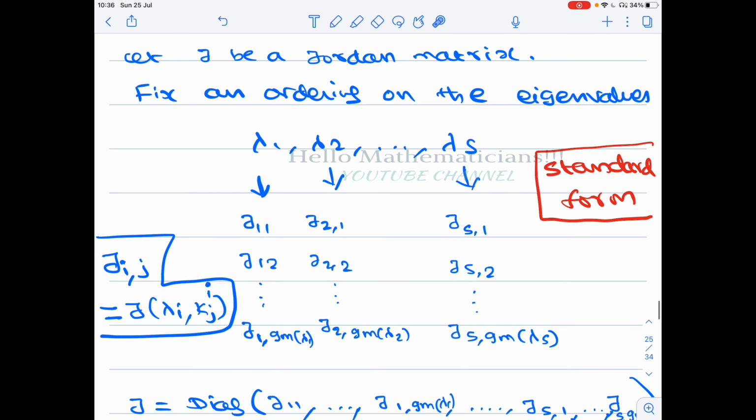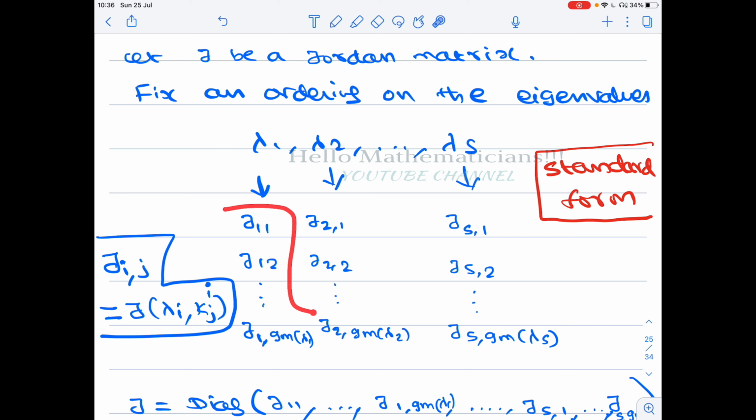How many blocks will you have corresponding to the eigenvalue lambda 1? The number of blocks corresponding to an eigenvalue is equal to the geometric multiplicity of that eigenvalue. Therefore, I take J(1,1), J(1,2), and so on up to J(1, g), where g is the geometric multiplicity of lambda 1.